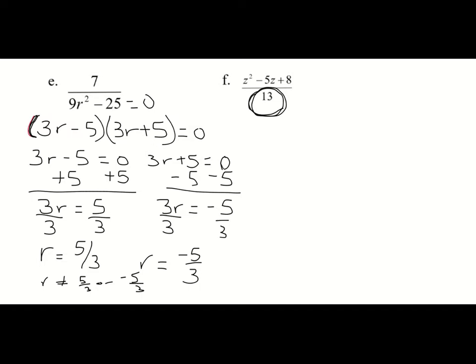So for this one, because there's no variable down at the bottom, it's just a number, my domain here will be all real numbers. That means there's nothing that makes this expression undefined because, again, there's no variable in the bottom to turn that 13 into a 0.